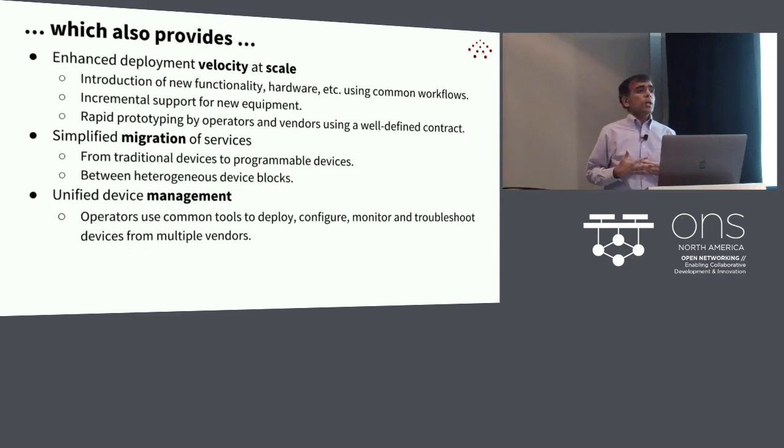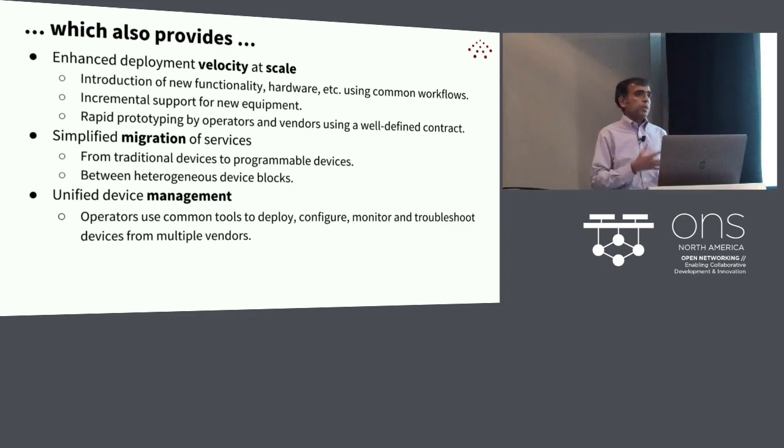Now this is really important for innovation at the cadence that we really want. We want to be able to focus on optimizing our network functions. We don't want to be spending our time figuring out how to extend our APIs and the interfaces to be able to support this.